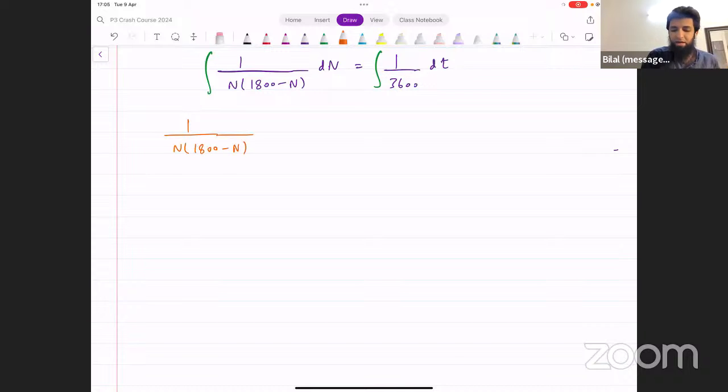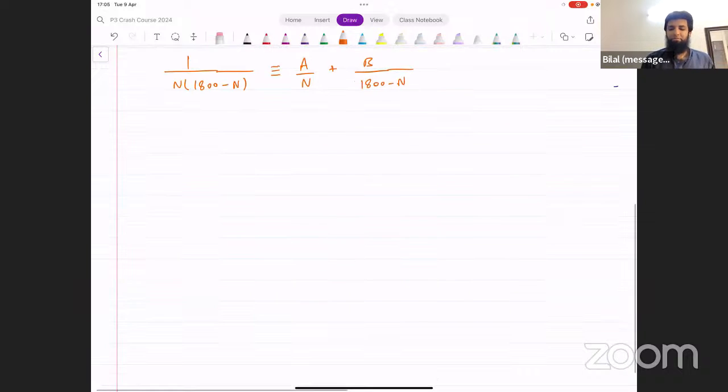You've got 2 linear factors. That's going to become a over n plus b over 1800 minus n. Okay, now multiply this thing on the right side, and that gives you 1 identical to a into 1800 minus n plus b into n.